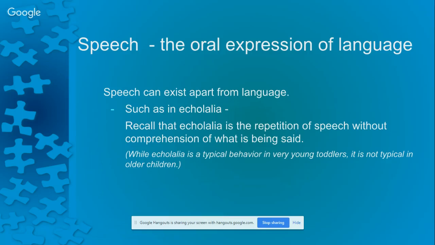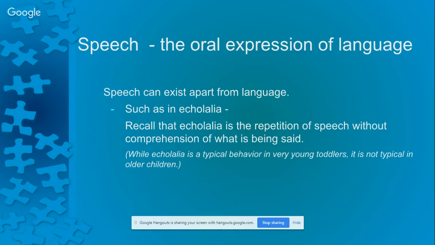Little ones, very young toddlers, will do an immediate repetition of something mommy and daddy say. It doesn't mean that they necessarily understand the content of that language. It's typical for very young toddlers to use echolalia, just that immediate repetition of what it is they've heard, that speech sound combination, but it does not mean that they understand the language that's embedded within the message.